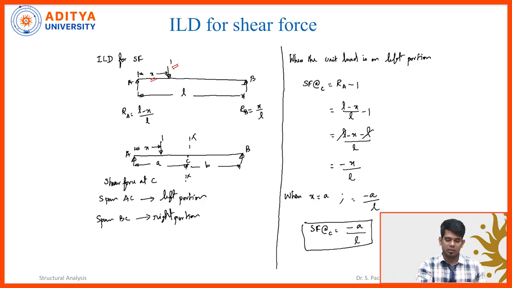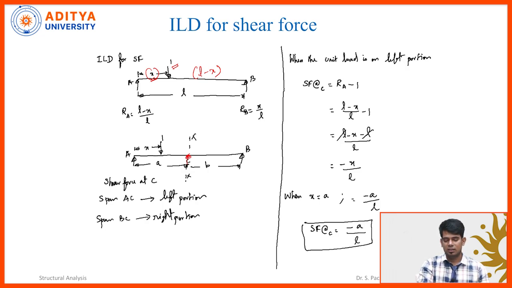RA is (L minus x) by L and RB is x by L. It's very simple. Now I am going to calculate the shear force at the point C.